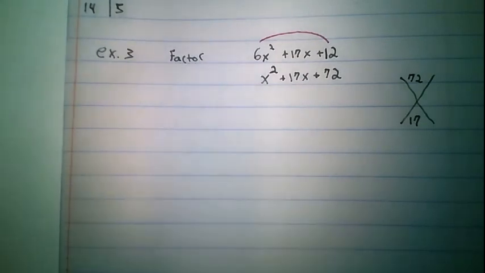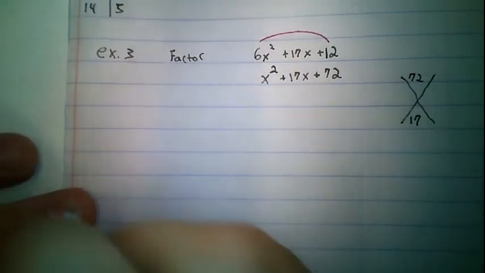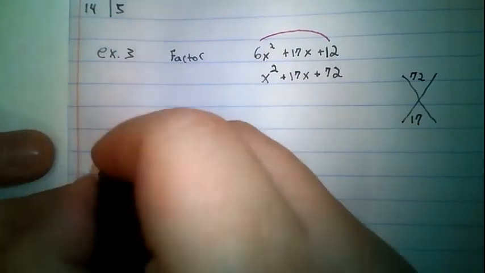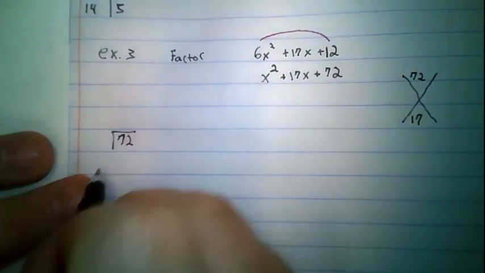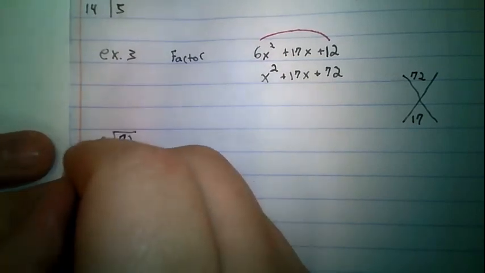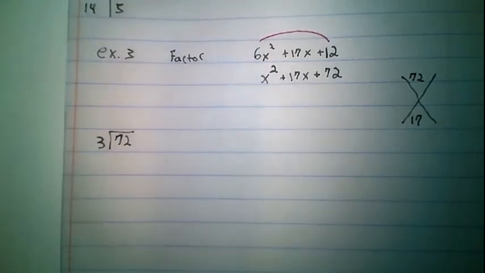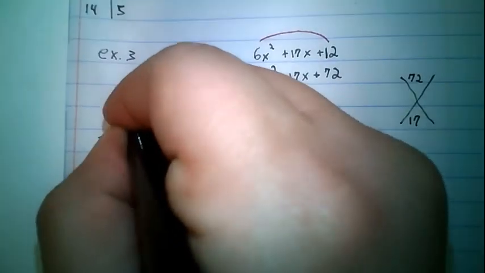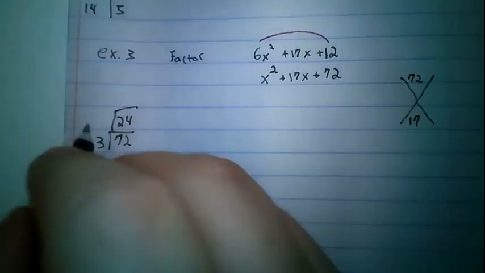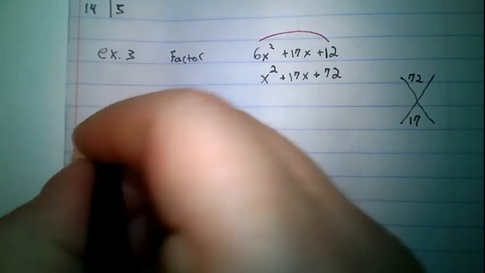Another way you could do it is to take the birthday cake method on 72. Let me show you what that might look like. So we take 72, and we'll use the birthday cake method. I know 3 goes in there. How many times does 3 go into 72? It would be 24. I know 3 goes into 24 8 times.